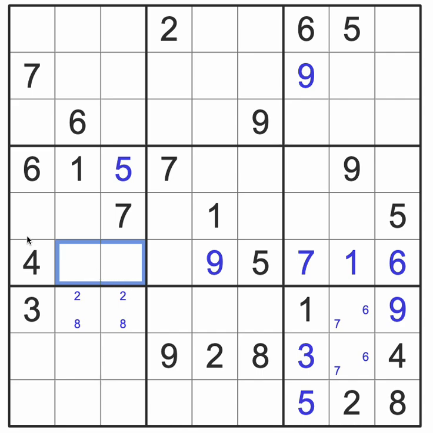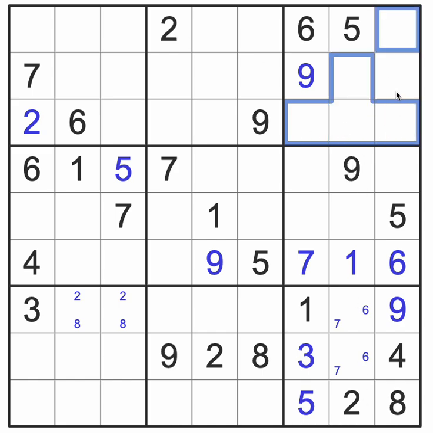That means these cannot be 2, because 2 will have to be used here or here. So this cannot be 2. That leaves only this cell for 2. And now this 2 blocks here, this 2 blocks here, this 2 blocks here. That gives me 2 here.